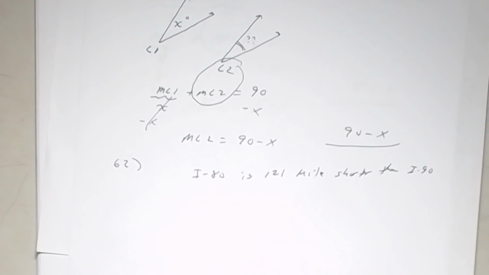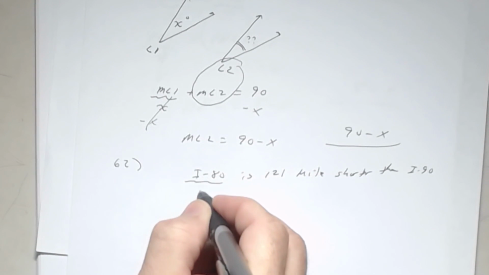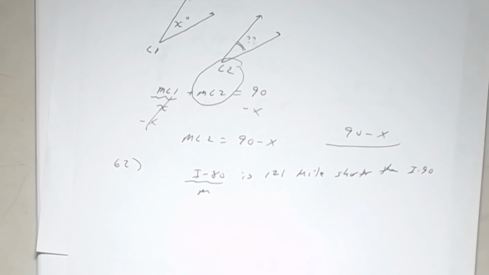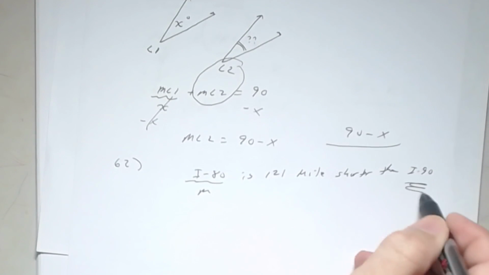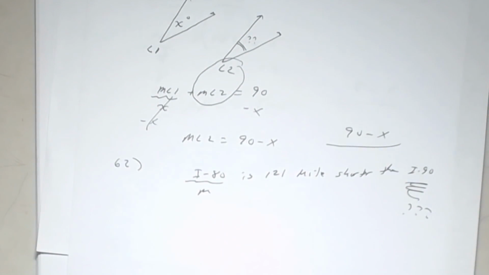Okay, so which one's longer, I-90 or I-80? I-90 is longer. But they want to know this: if the length of I-80 is m, express the length of I-90 in terms of m.